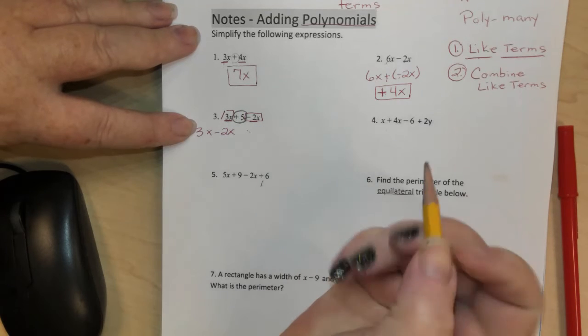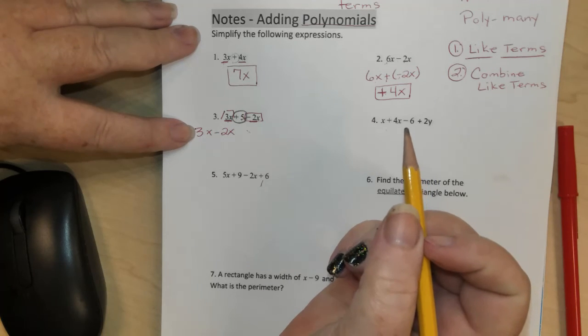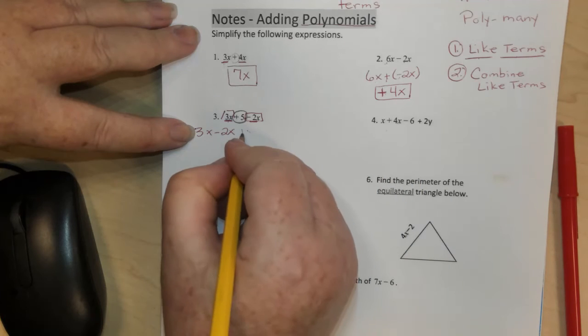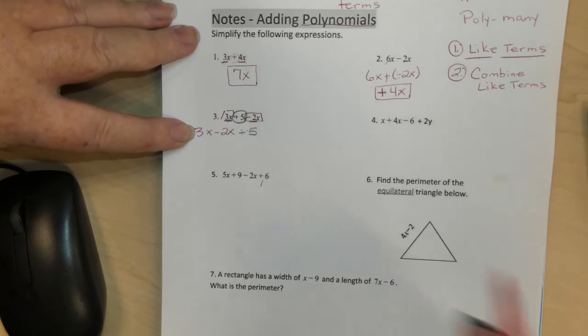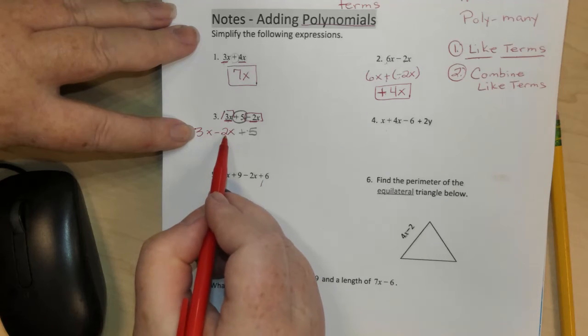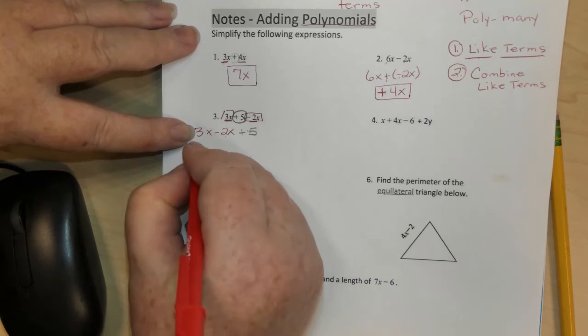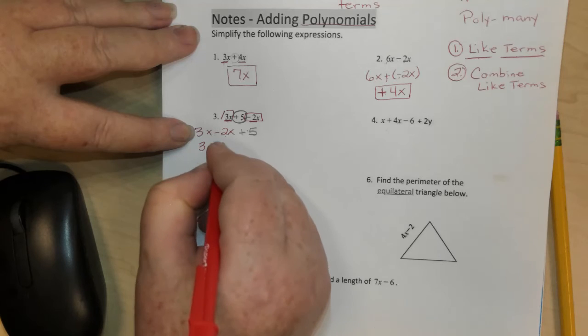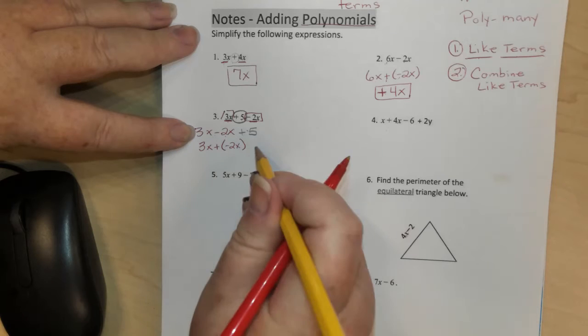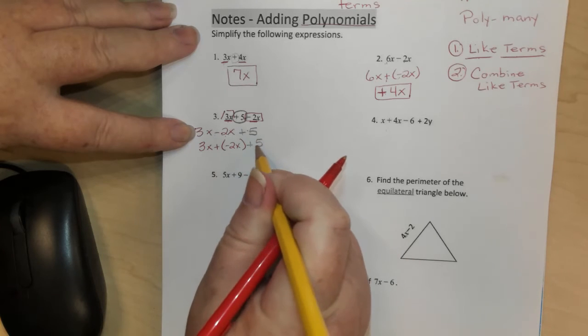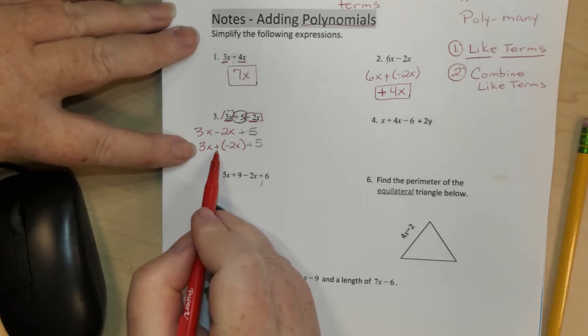Plus 5 with no variable. That's it. There's only that. Plus 5. 3 minus 2. We can write that as 3x plus negative 2x. I just like to make everything an addition problem. I think it makes life easier if everything is an addition problem.